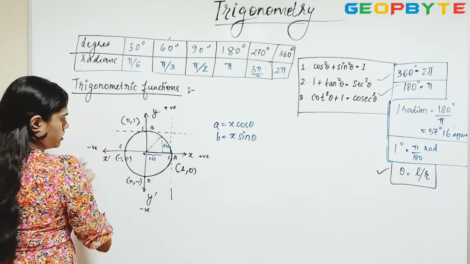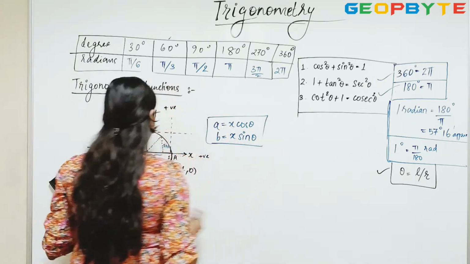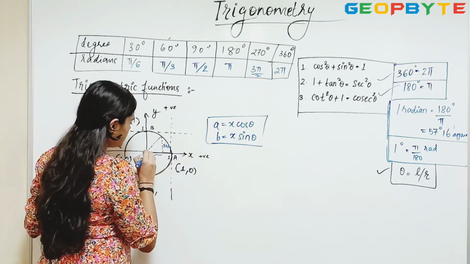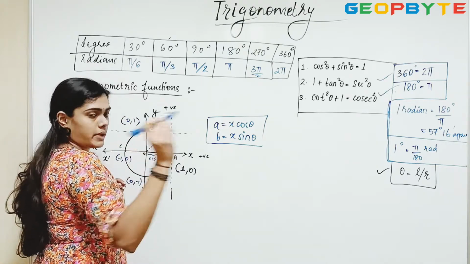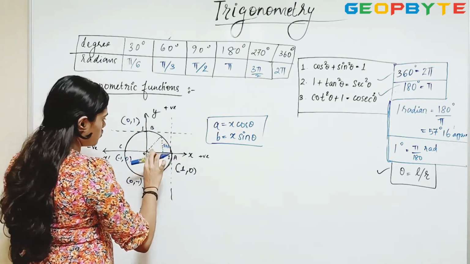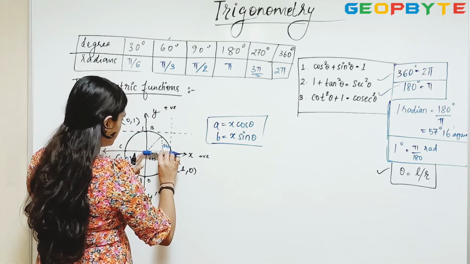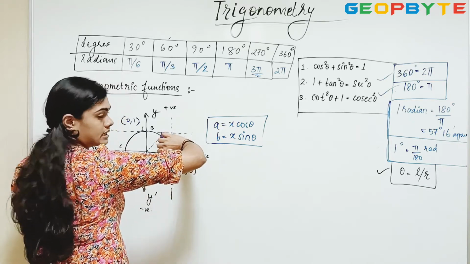This is what we got from previous thing. Now tell me, let us imagine a pen rotating like this. So what would be the degree? If my pen is lying here, then I don't have any sine component, right?